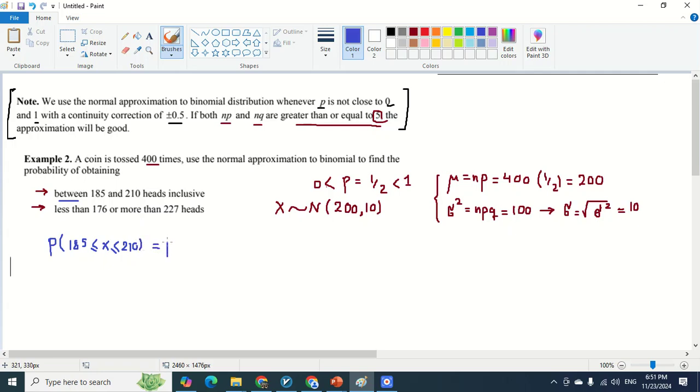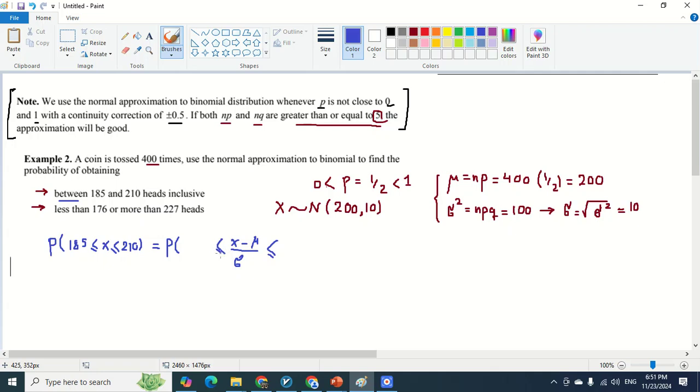However, in the calculation we neglect that. So instead of x, as I said, we should make it standard normal. So we subtract mu and divide the terms by sigma. Do the same thing for the expression in this inequality.